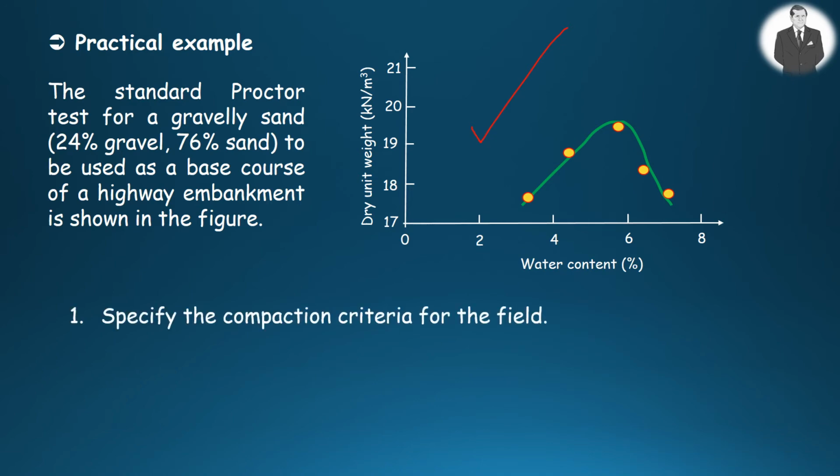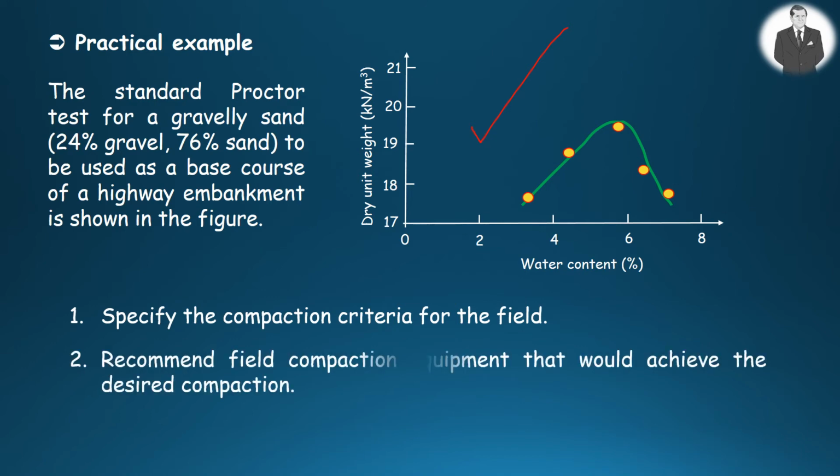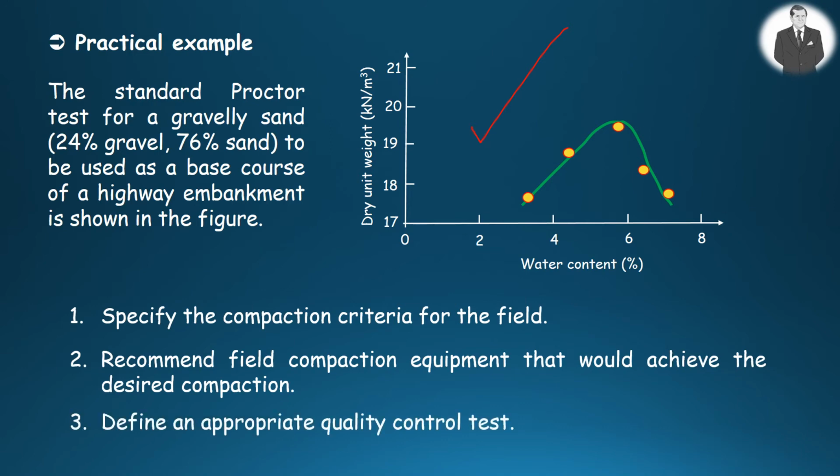You are asked to specify the compaction criteria for the field, to suggest field compaction equipment that would attain the desired compaction, and finally, to define a suitable quality control test.